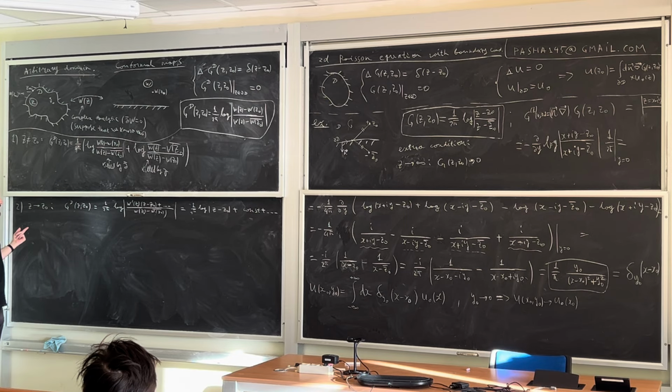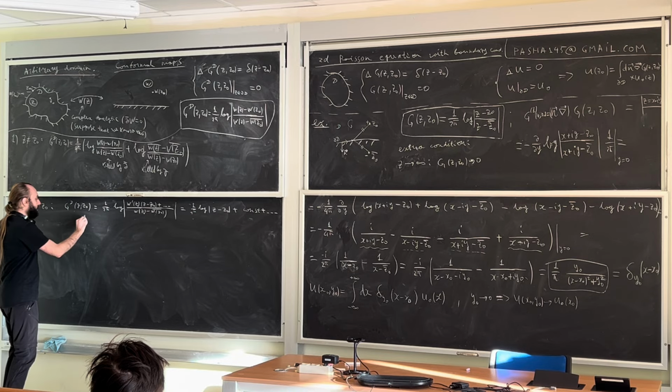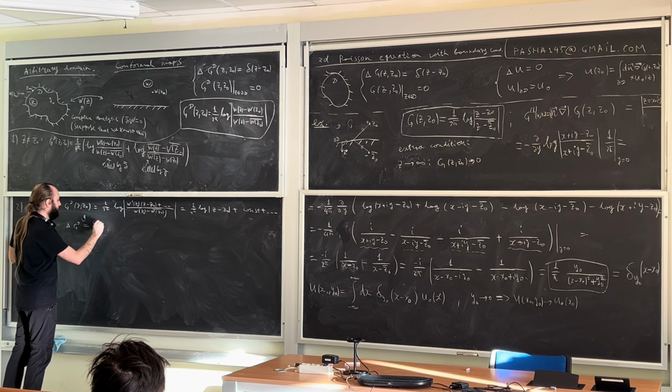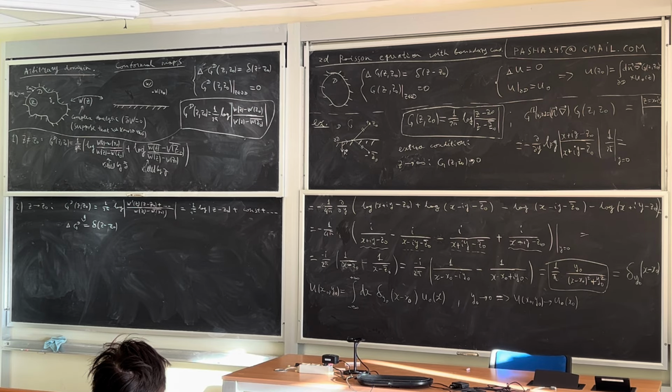So it has the same singularity as a Green function in the free space. So the Laplacian of this G_D is a delta function, Z minus Z0. And the last part, we need to check its boundary conditions.